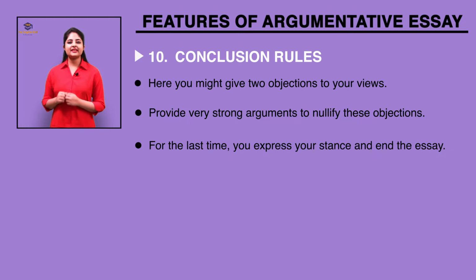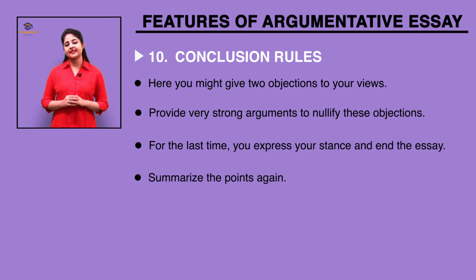But before you end the essay, it's very important to repeat what your stance is, whether you are for or against the topic. After having repeated the stance in your conclusion, you can end the essay. But do not forget to include a couple of objections, because every coin has two sides.